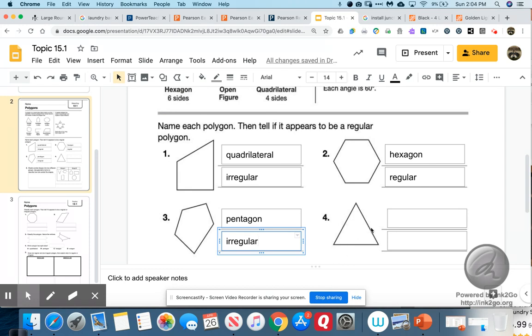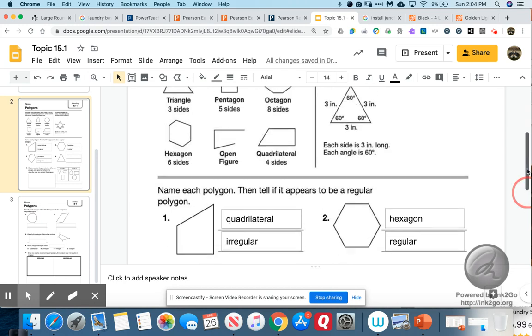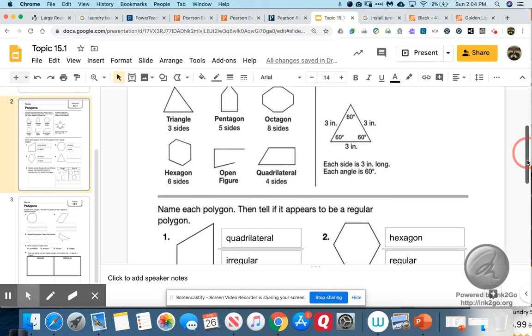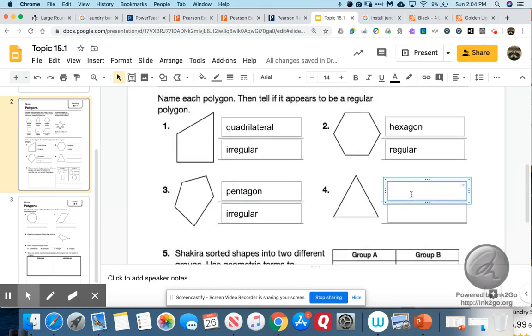It has 3 sides, and you probably don't need to look at a chart, but a 3-sided figure is called a triangle. So I'm going to type that in. And is this regular or irregular? Well, all the sides look to be the same length. All the angles look the same. So I'm going to say that this is regular.